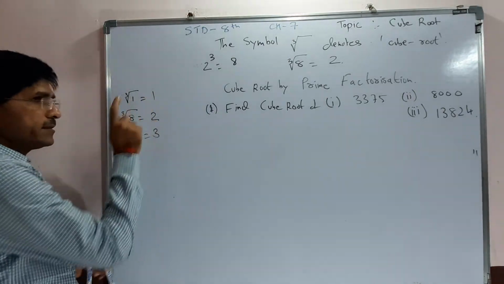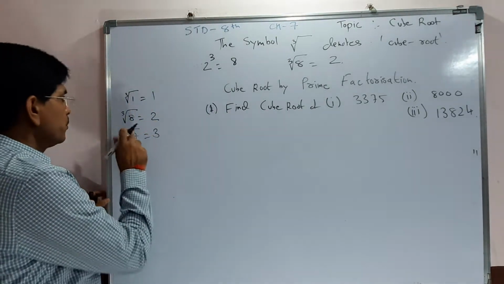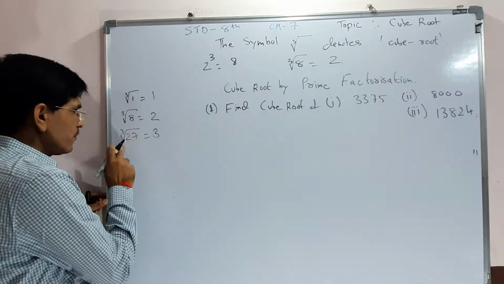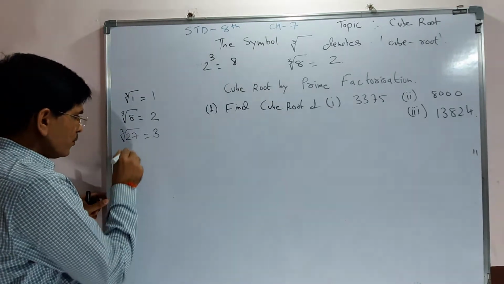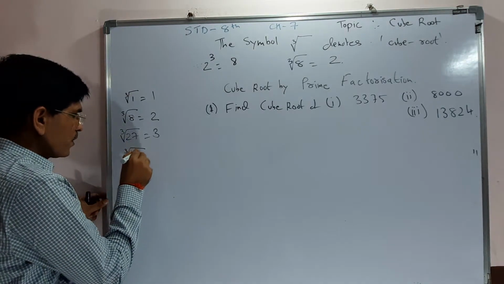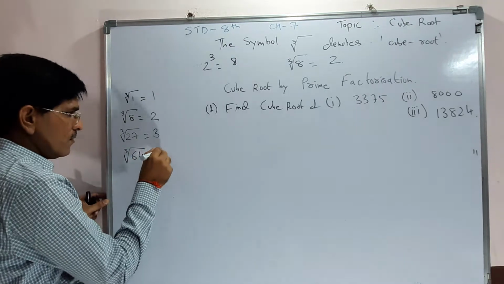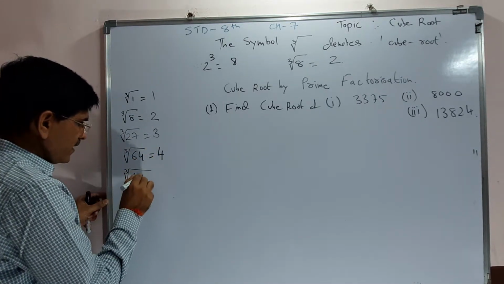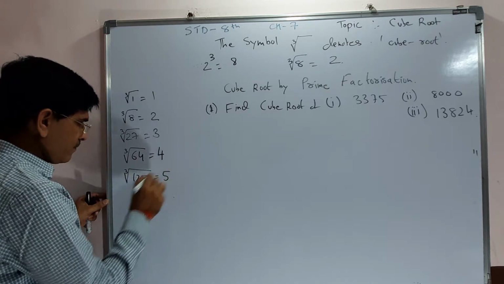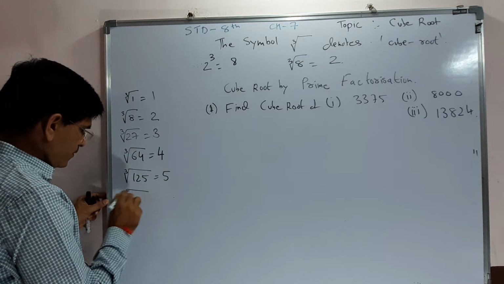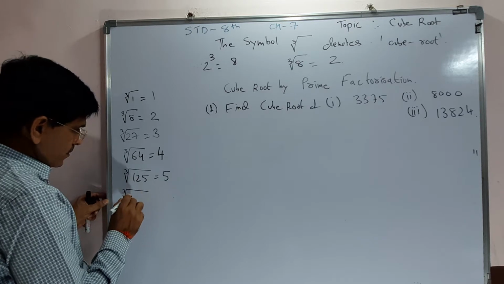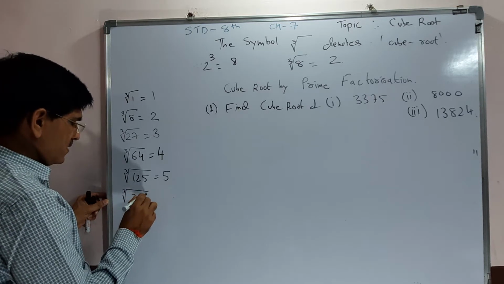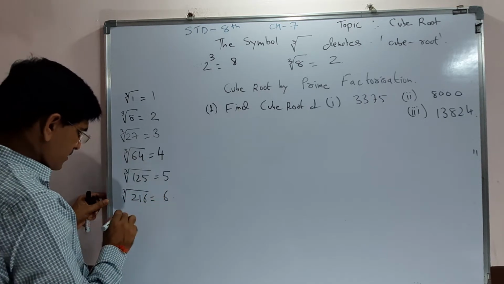Cube root of 1 is 1. Cube root of 8 is 2. Cube root of 27 is 3. Cube root of 64 is 4. Cube root of 125 is 5. Cube root of 216 is 6.